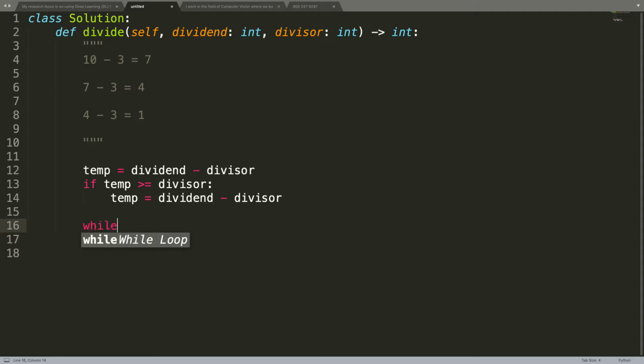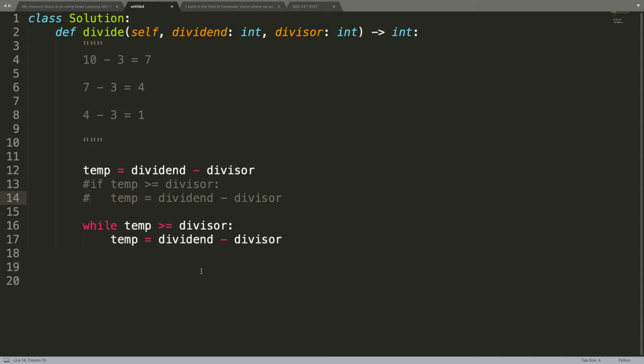So I can say while temp is greater than or equals to divisor, then I continue to do this. So I will not need this anymore. So while temp is greater than or equals to divisor, it continues to do this. So the first time I assume that dividends will always be greater than divisor. If not, I can do an if check.